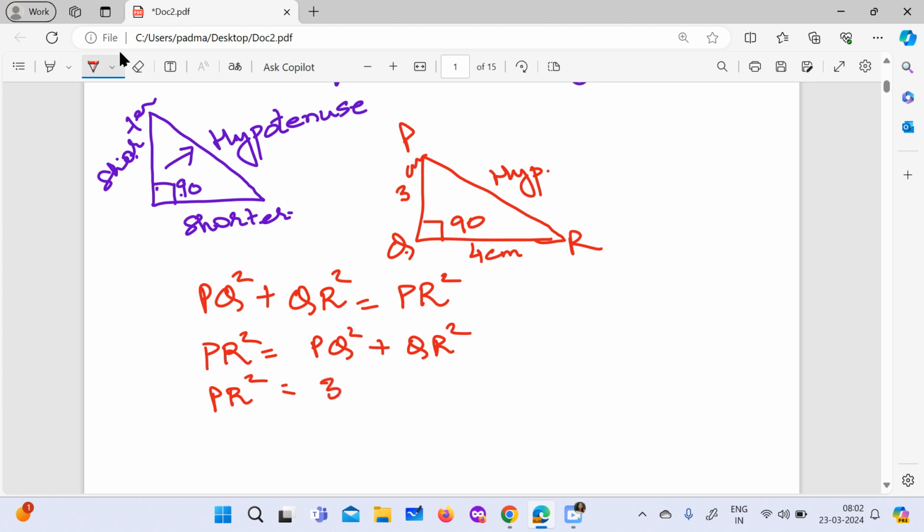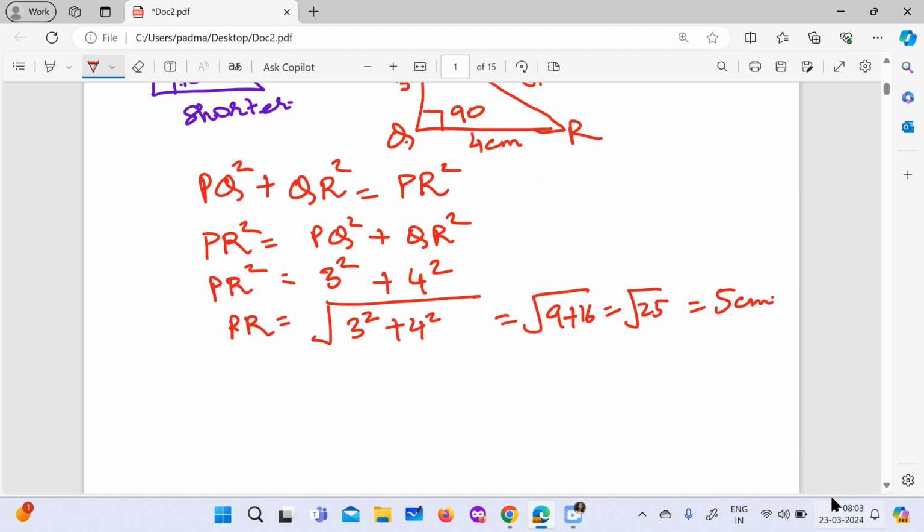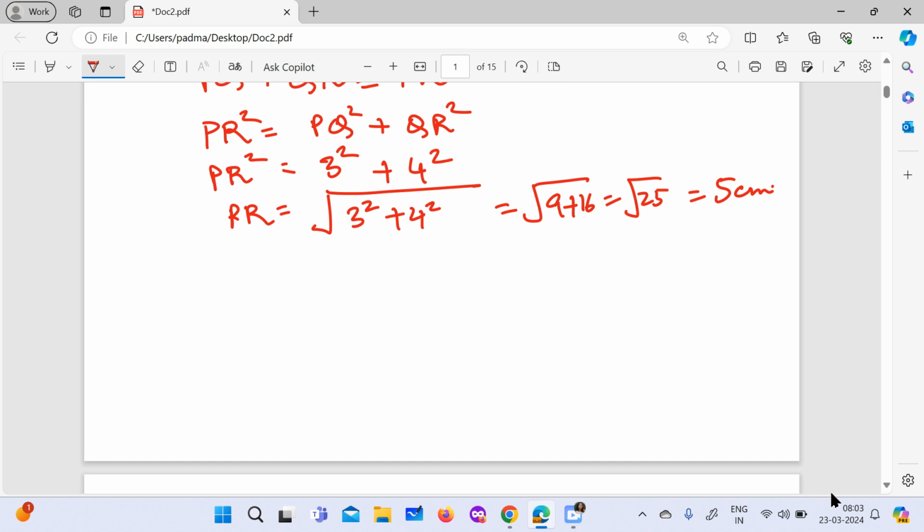PQ square will give you 3 square, QR is 4 square, so PR square equals 3 square plus 4 square, that will be equal to 9 plus 16, which is equal to square root of 25, and that is equal to 5 centimeter. So we got the measure of our hypotenuse, that is 5 centimeter. In this way, using the same rule, you can also find the length of the shorter sides.